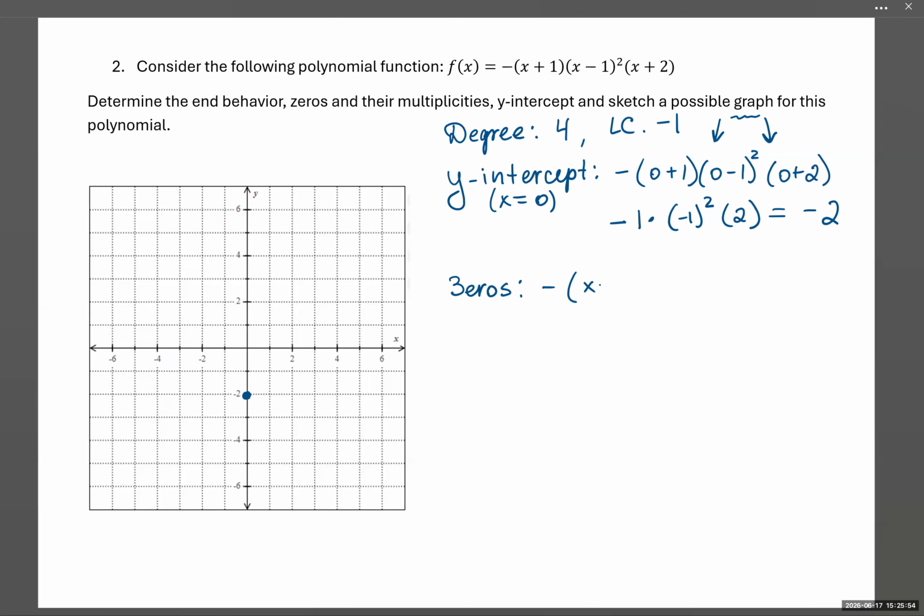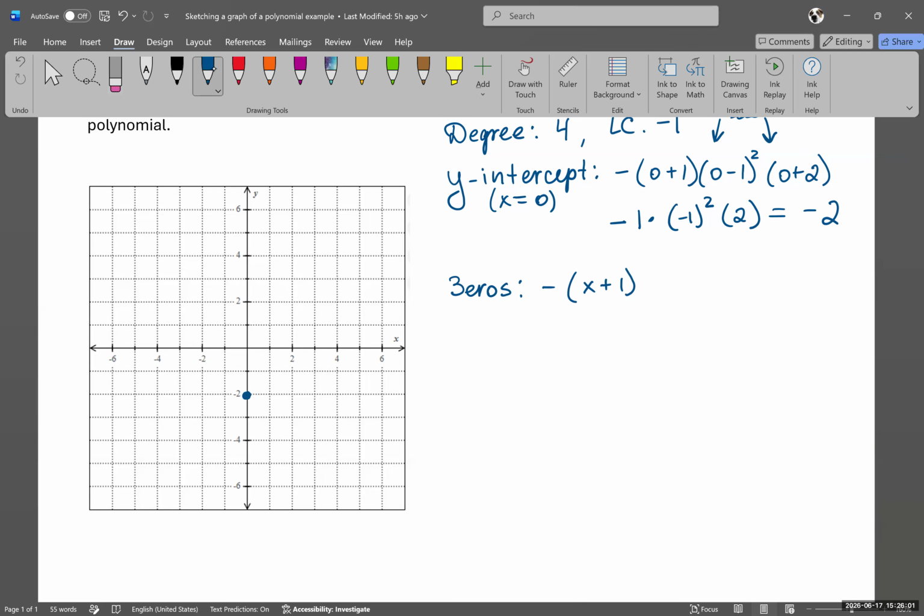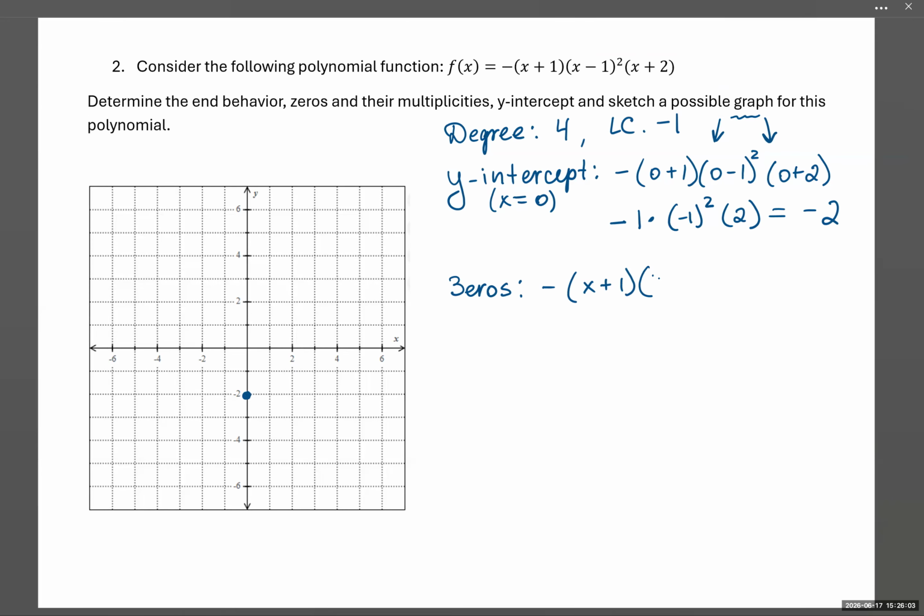Now zeros of this function. Negative (x plus 1), (x minus 1) squared, (x plus 2) equals 0. The negative on the front will not affect our results. This is x plus 1 equals 0, x equals negative 1. Multiplicity on the first parenthesis is 1, so the graph should cross at x equals negative 1.